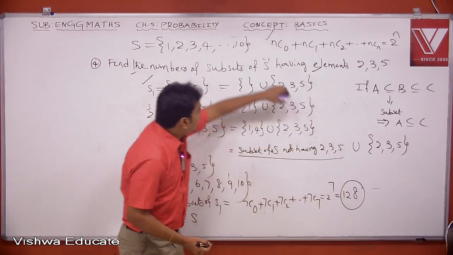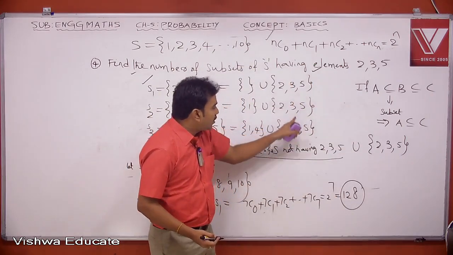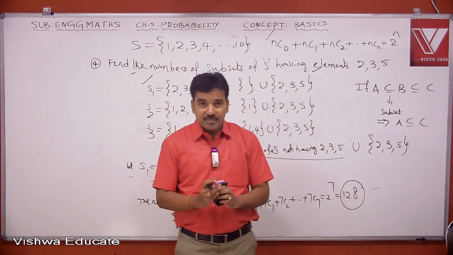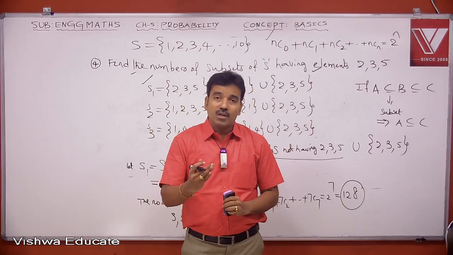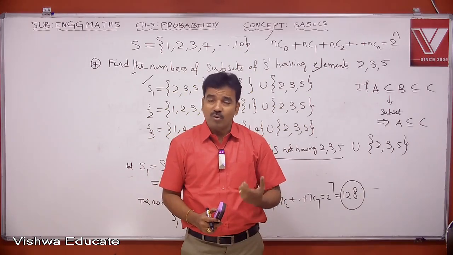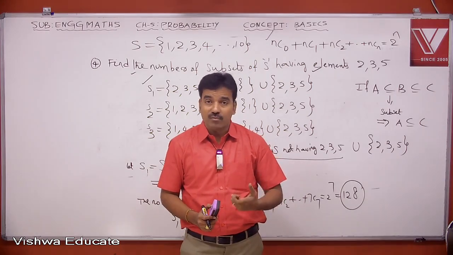To get the answer for question number 4, include 2, 3, 5: take the union with {2, 3, 5} for all these 128. The sets are different but the count is the same. So the total number of subsets of S having 2, 3, 5 is 128, and the total number of subsets of S not having 2, 3, 5 is again 128.